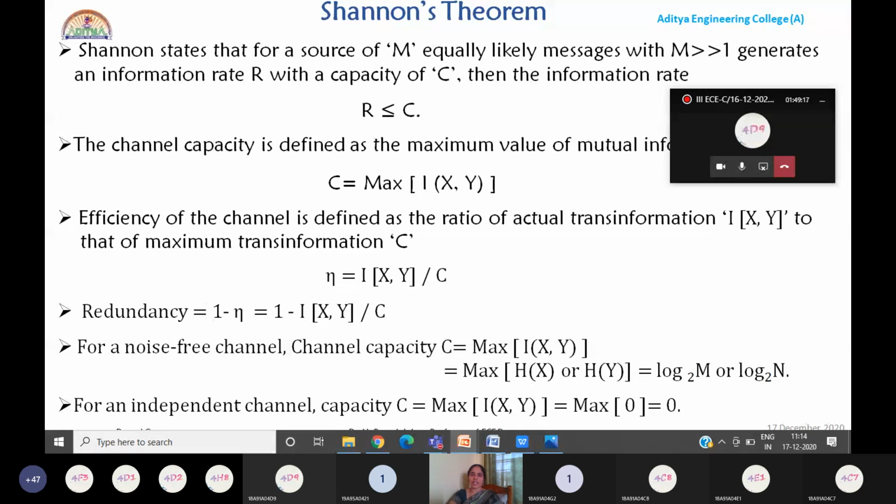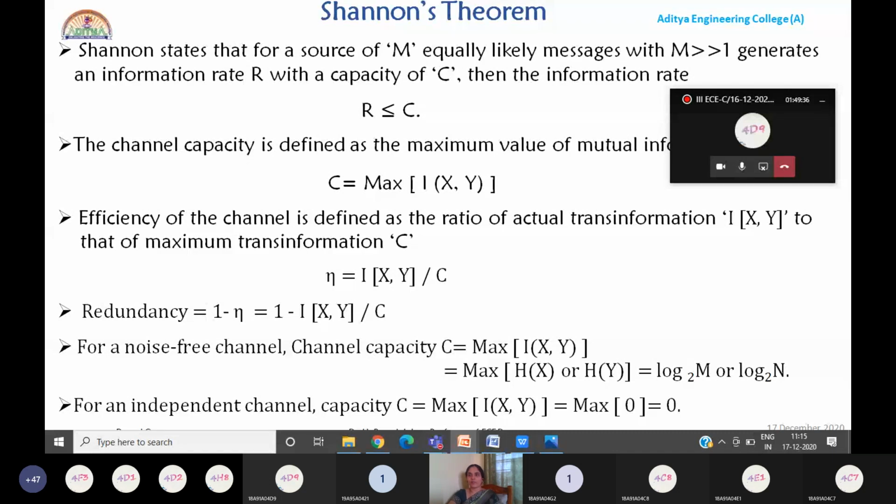Please tell me what is the maximum entropy? Please some of you respond.